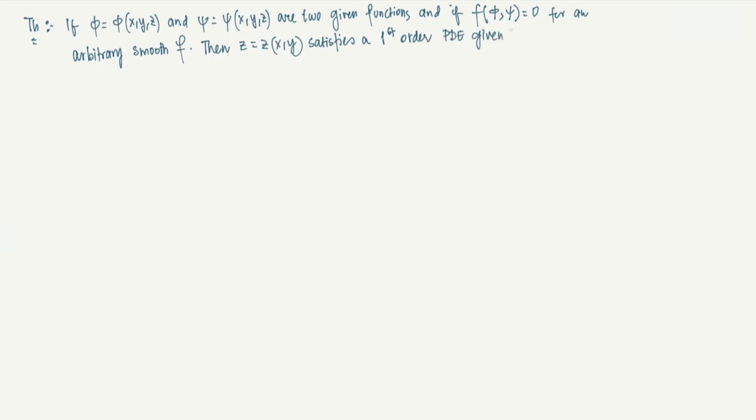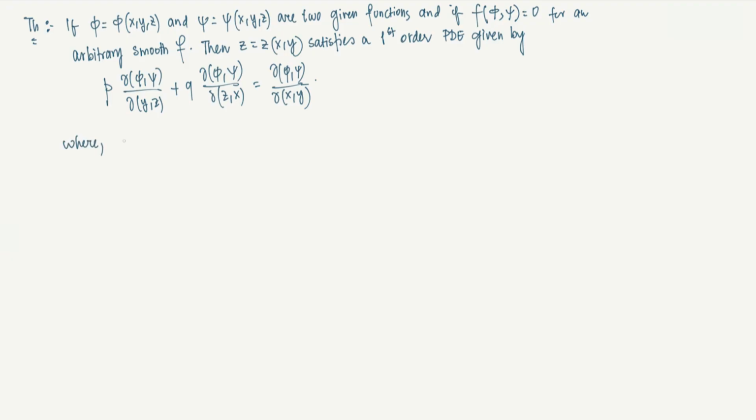What is the first order PDE? It is given by this P. Let me put it this way, maybe I can put the Jacobian part: P times del of (phi, psi) by del of (y, z), plus Q times del of (phi, psi) by del of (z, x), equals del of (phi, psi) by del of (x, y).